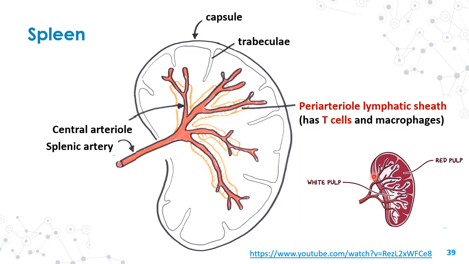Now, when you look here, the lymphatic sheath is where you're going to have your white pulp, so this is going to be stuck close to your arterioles here. Around that is where you're going to have your red pulp, and there is a reason for that.